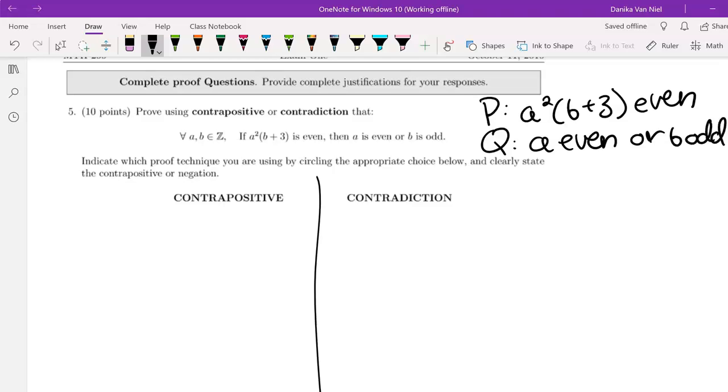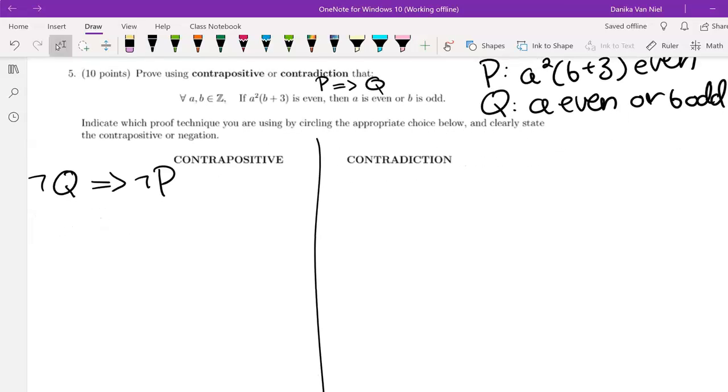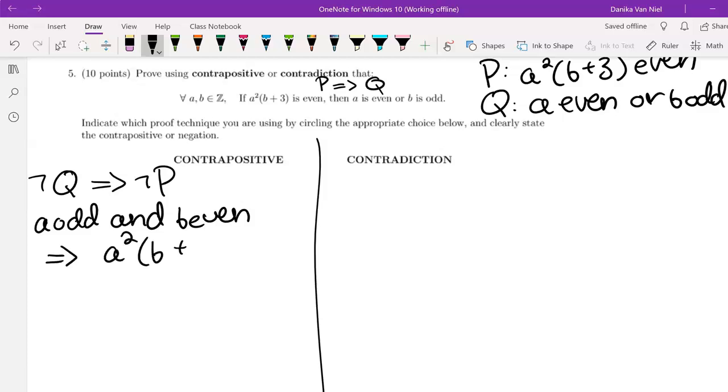Okay, so this is P implies Q. Contrapositive would be not Q implies not P. So what does that look like? That would be A odd and B even implies that A squared B plus 3 is odd.